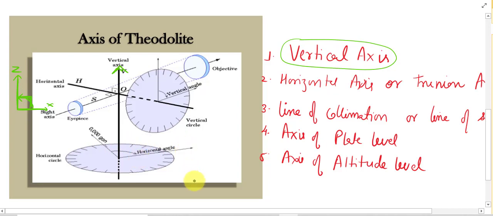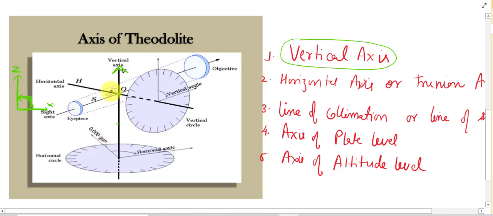So in this case I am going to draw your vertical axis like this. This must be my lower plate, and the center of my lower plate will be the origin of the vertical axis, and this must go to the point where the theodolite is at the center.